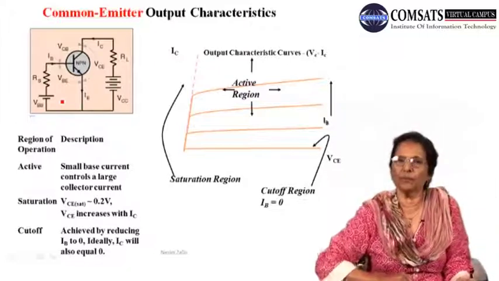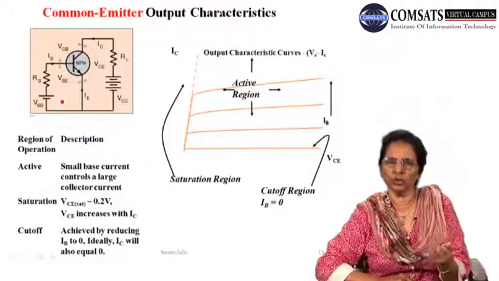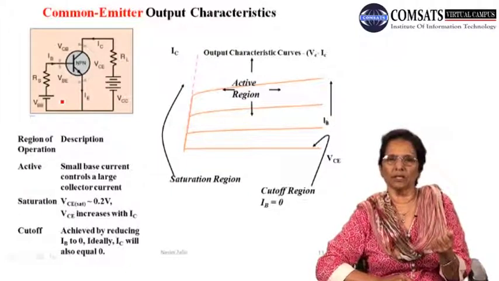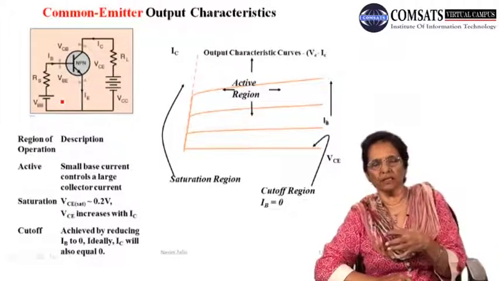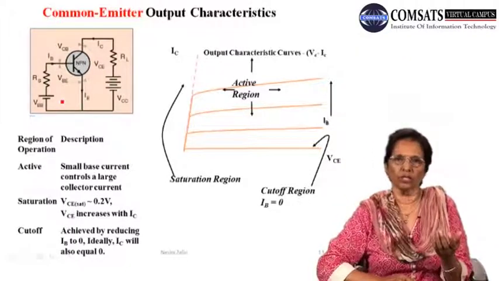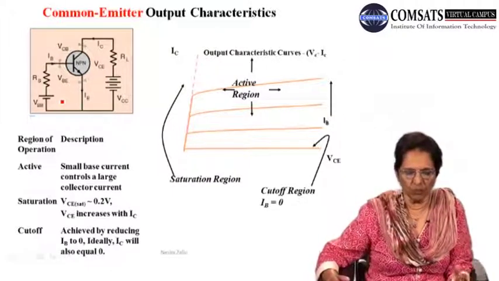So that, in simple words, is the transistor action, which is used for analyzing the current voltage characteristics, whether they are the output characteristic or the input characteristic, and so on and so forth.